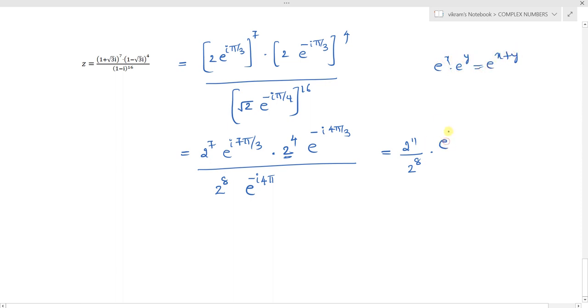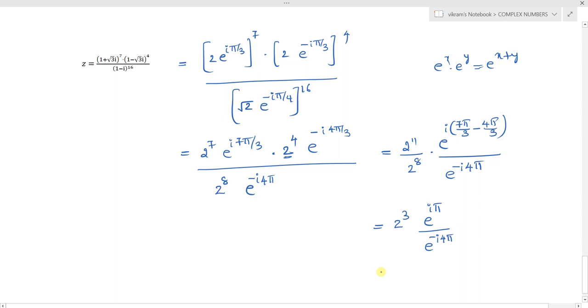That means the numerator can be written as e power iota times 7 pi by 3 minus 4 pi by 3, divided by e power minus iota times 4 pi. So 2 power 11 by 2 power 8 can be written as 2 cube, into e power iota times 7 pi minus 4 pi, 3 pi by 3, we get e power i pi, divided by e power minus i times 4 pi.